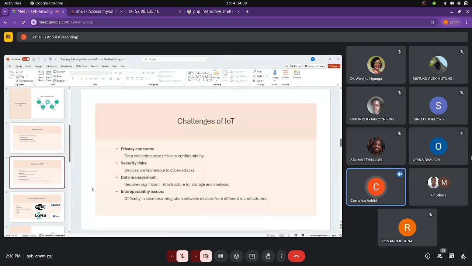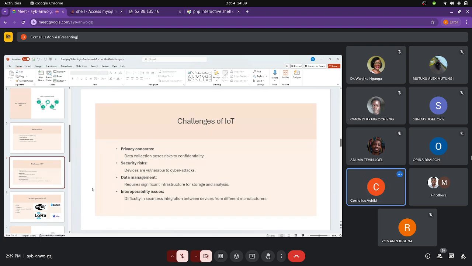So all these vendors, integration of the different vendors to one platform seamlessly is really a challenge. In some cases, you have people who only have sensors that communicate only to their platforms. Let's say if you have a Cisco sensor, it can only communicate to a Cisco platform and not to a Huawei platform. So those kinds of challenges are there.